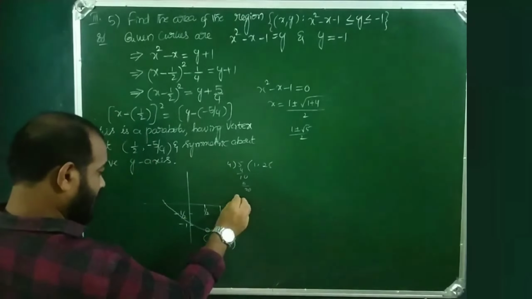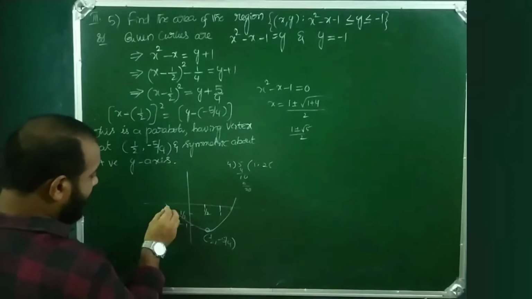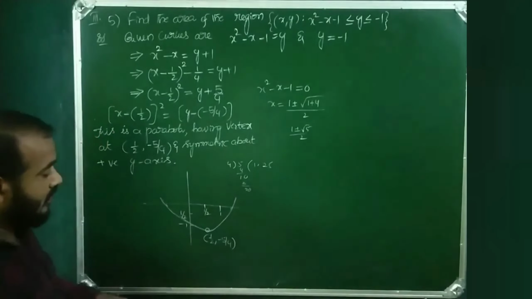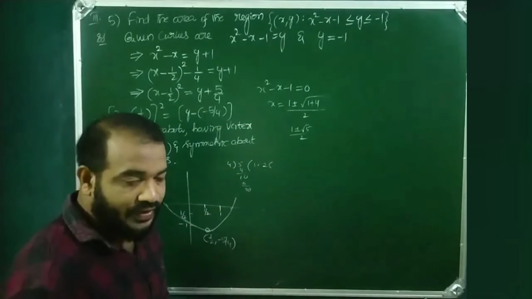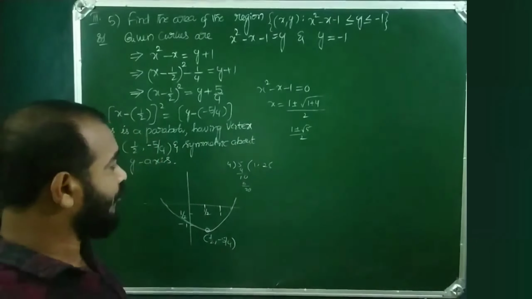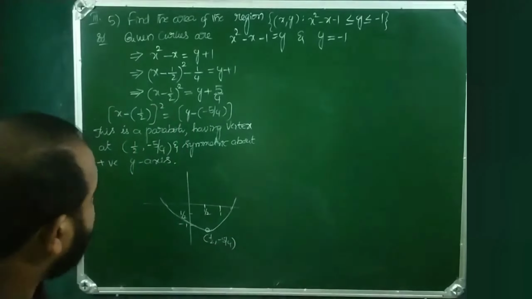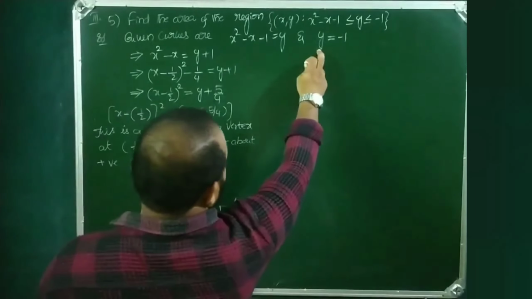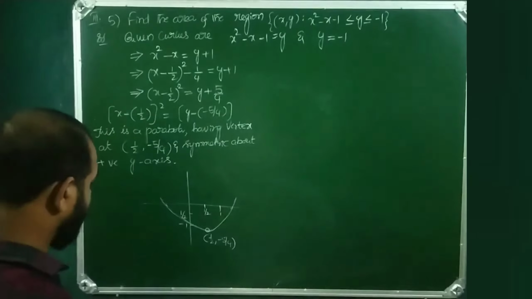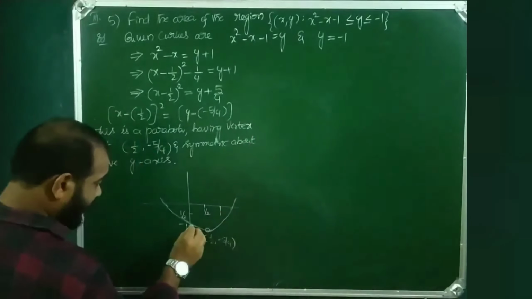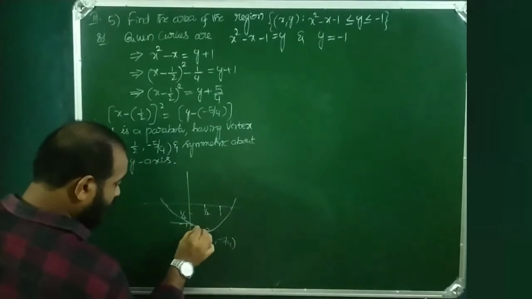So this we need not find, but just to understand the curve's behavior, x equals to 0, we have y equals to minus 1, we substituted and we got this. And y is equals to minus 1 is the line which is horizontal to x-axis.